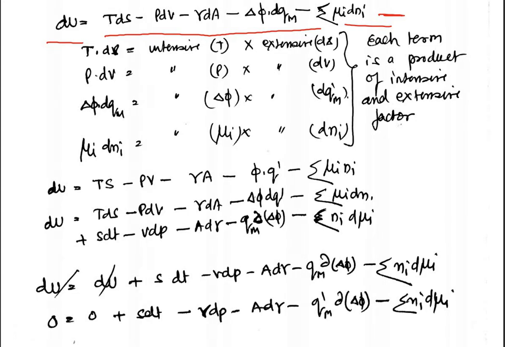Similarly in PdV, dV is extensive, P is intensive. Similarly in del phi dq m, dq m is extensive, del phi is intensive. Mu i dn i, where dn i is extensive and mu i is intensive. So this equation is a product of two properties, intensive as well as extensive.